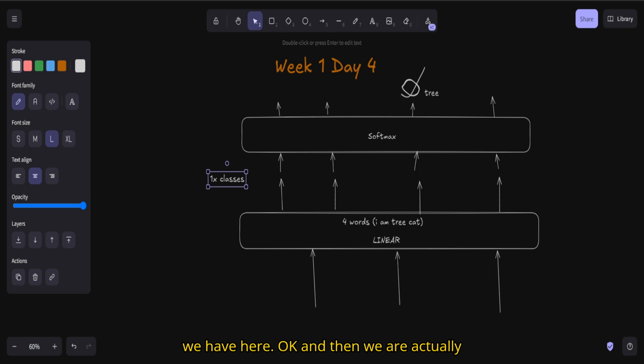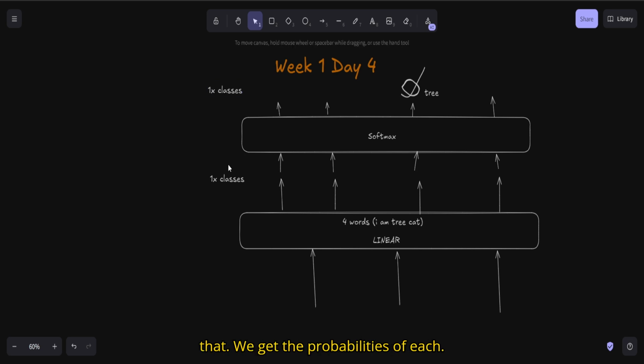Then we map those classes, and this one will also be one by classes. After that, we get the probability of each. Let's say tree has a probability of 0.96, so it's the highest. So we get to know our next word is tree. What a transformer is essentially doing here is next word prediction. This is how the end of the transformer looks.